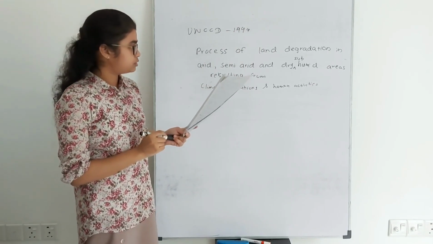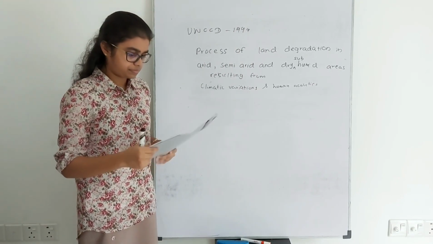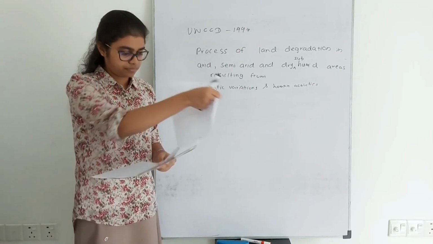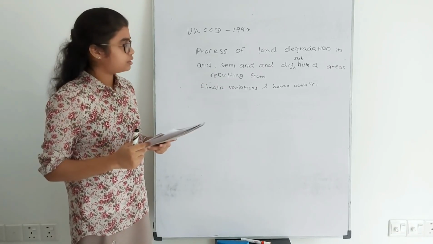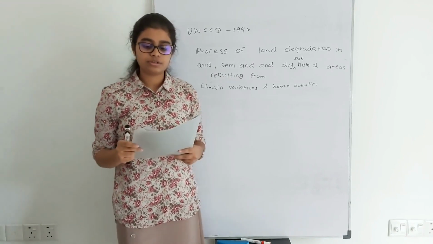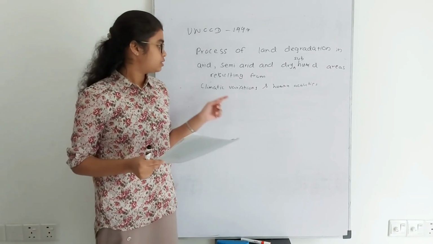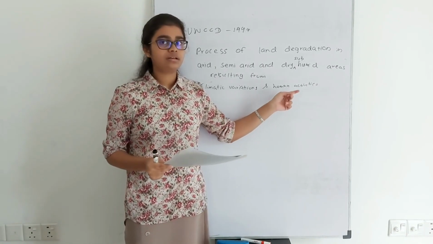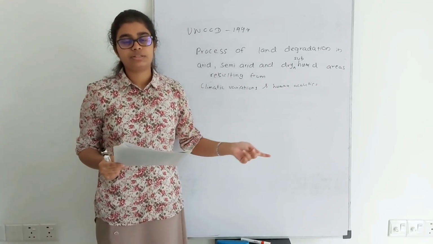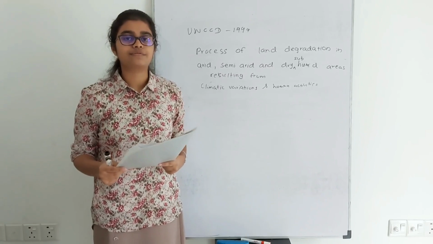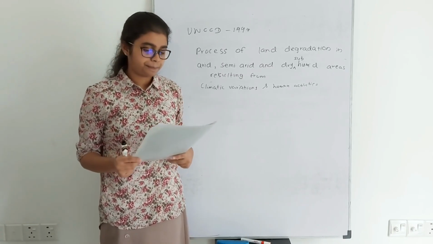And according to them, there are two main driving forces of desertification. They are climatic variations and human activities. It is said that human activities are the main cause of desertification.